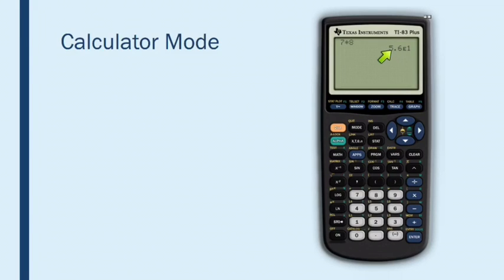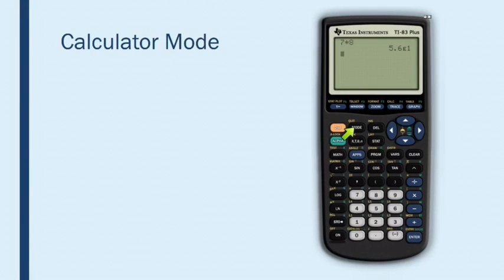It displays it as 5.6 times 10 to the first power. So I'm telling you this because if somebody else has been using your calculator, you might see weird-looking answers like this, and you need to know how to get it back to normal. So again, it's mode, and you want to choose the normal mode here. Make sure and press enter so that your choice is saved, and then you can clear or you can second quit to get out of that.